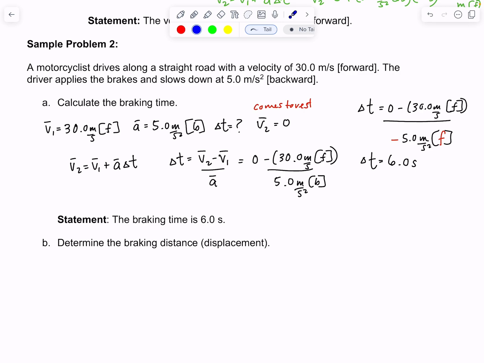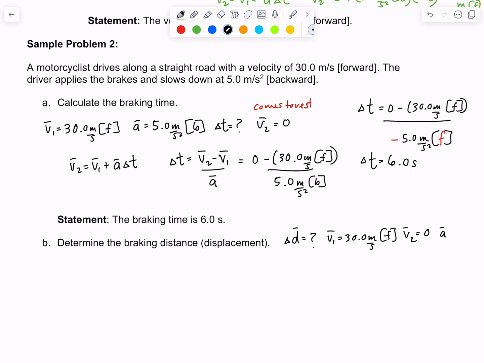Now let's determine the braking distance, the distance it takes or travels while coming to a stop. To solve for this stopping distance, we can use V1, V2.